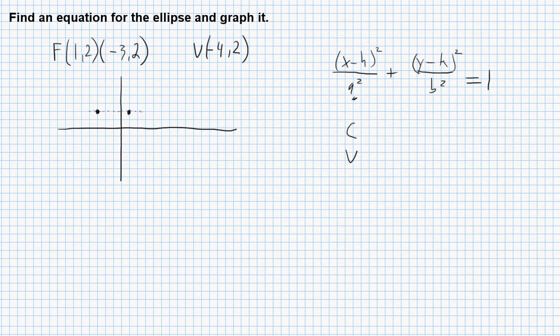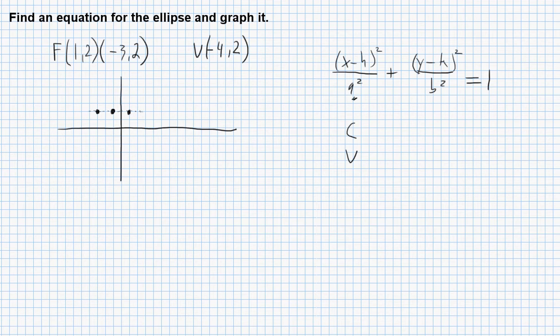So our foci are 1, 2, 3, 4 units apart, right? So that's 4 units apart. Now I'm going to remove that so that it's not so confusing looking on our drawing. That means that our center point has to be halfway between them, 2 units to either side.